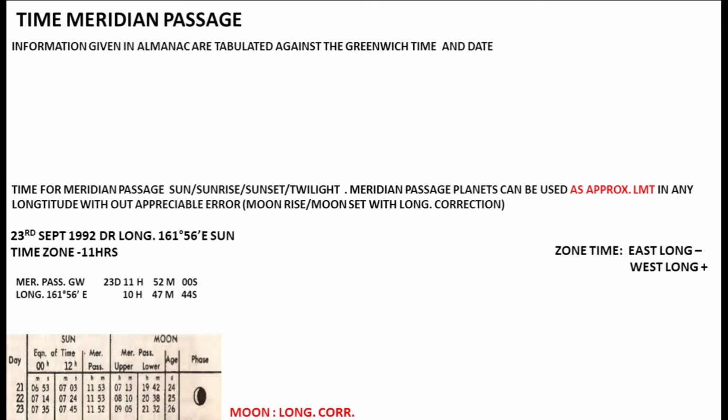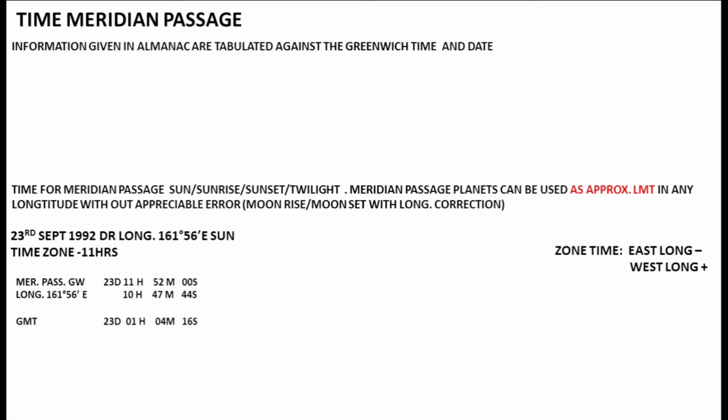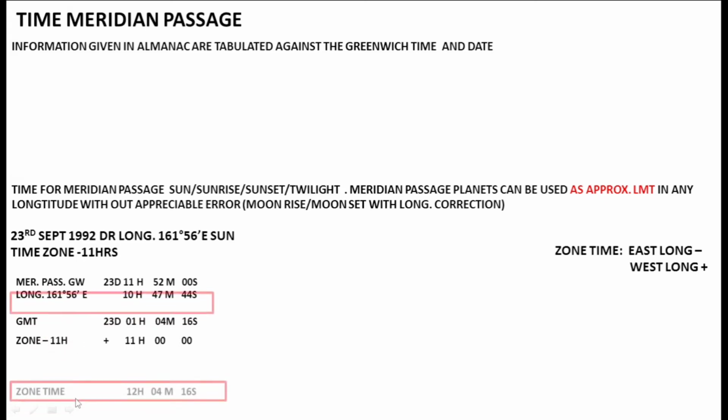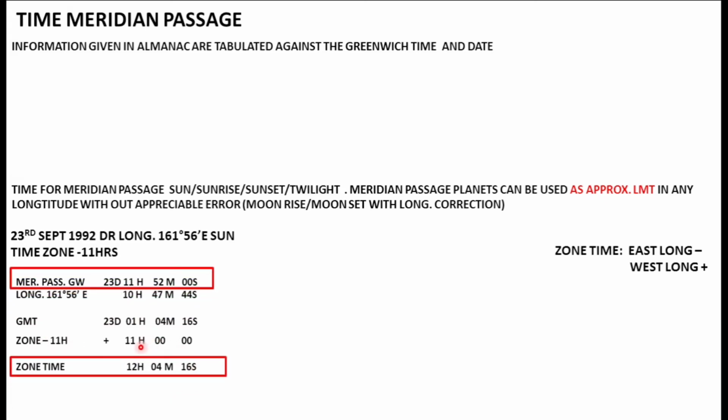So the sun would be on this meridian 10 hours earlier, GMT. So this would be the GMT when the sun is on the meridian of this. If I apply my zone time here, which is my zone of 11 hours, my zone time would be 12 hours 04 minutes, and it's quite close. So that is why I said that you can take it as approximate LMT.